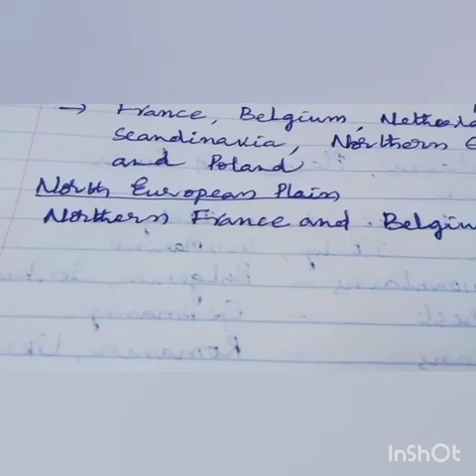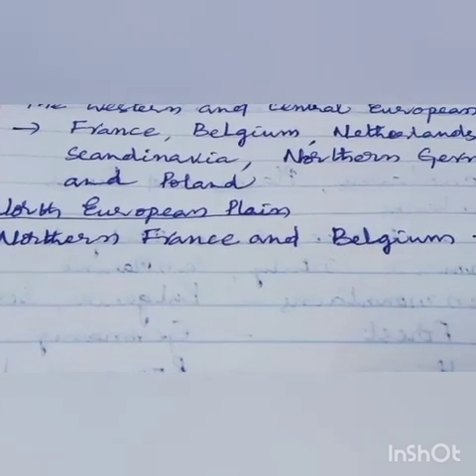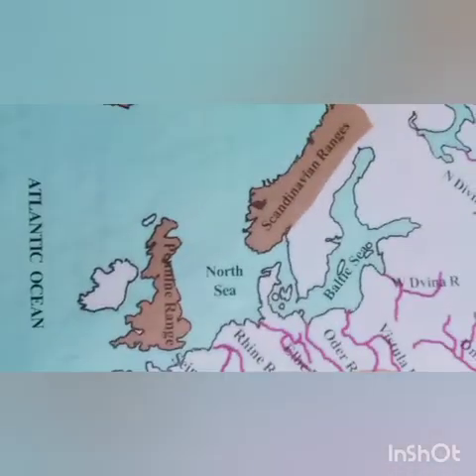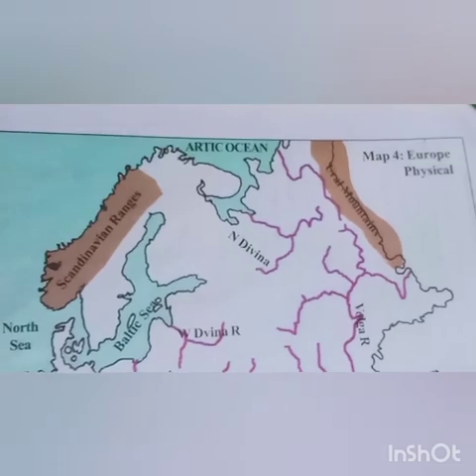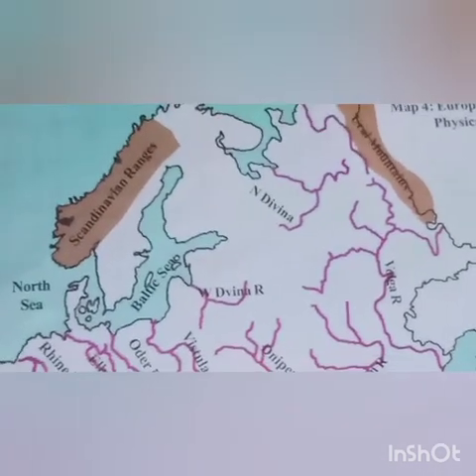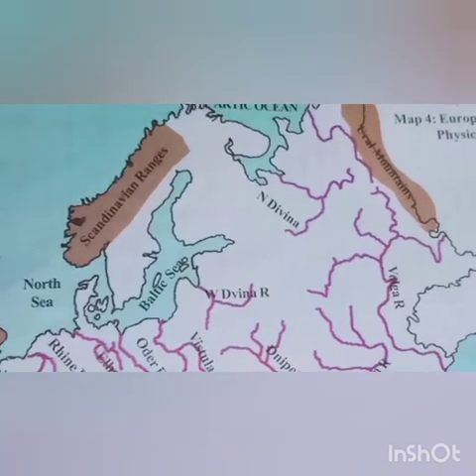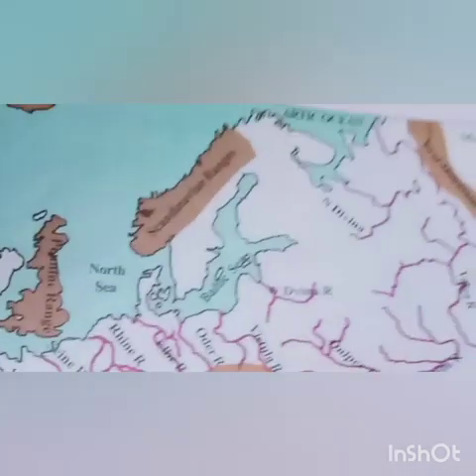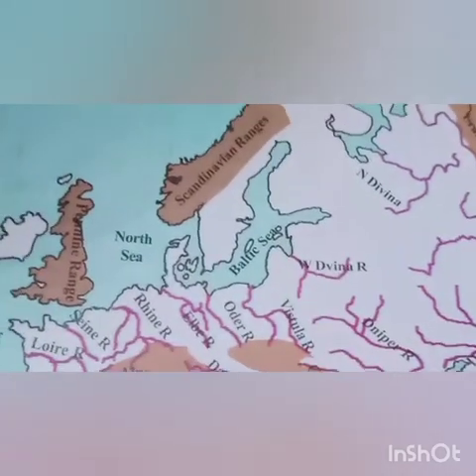And the North European plain consists of northern France and Belgium. And we go into some more detail about the rivers, mountains, seas, and plains of the European continent.